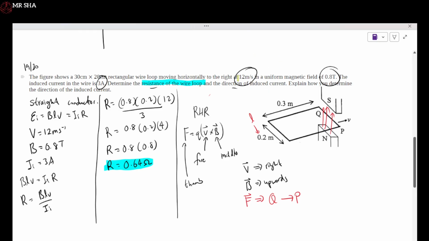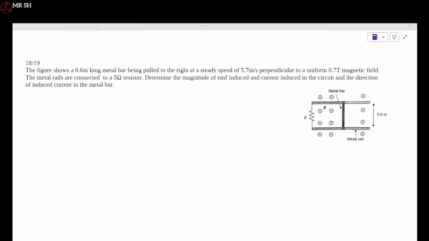We'll move on to the fourth and last question for this video. Okay, so here's another question, the last question for this video, which is again a straight conductor case. So straight conductor, right?